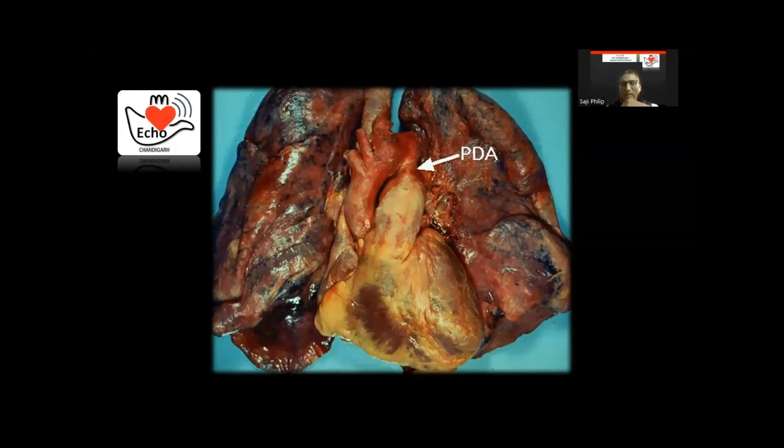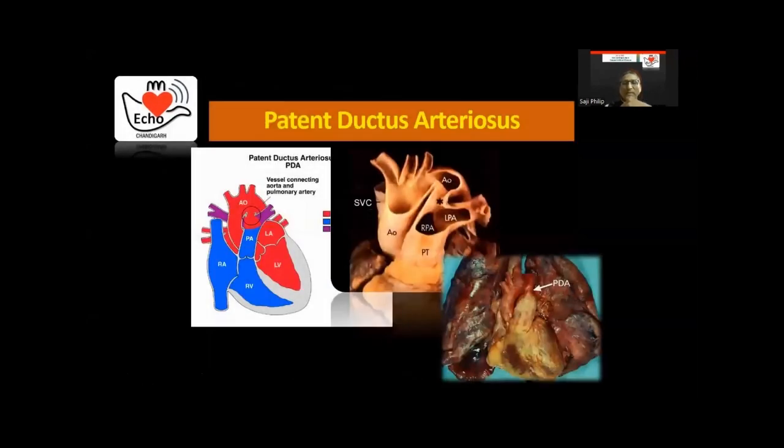Now the diagnosis of PDA is crucial. Patent ductus arteriosus, this is a diagrammatic representation connecting the aorta and the PA. And this is the aorta and the PDA connecting near the orifice of the LPA.